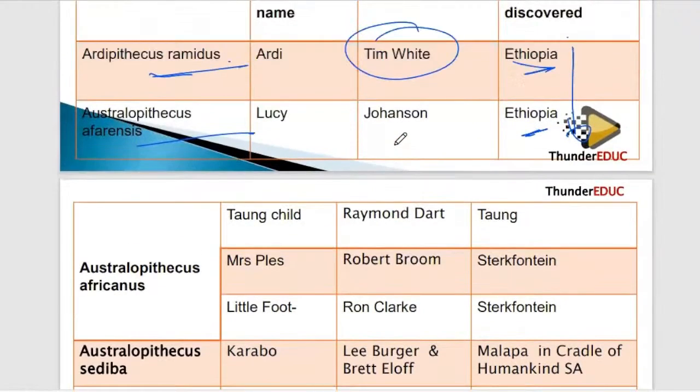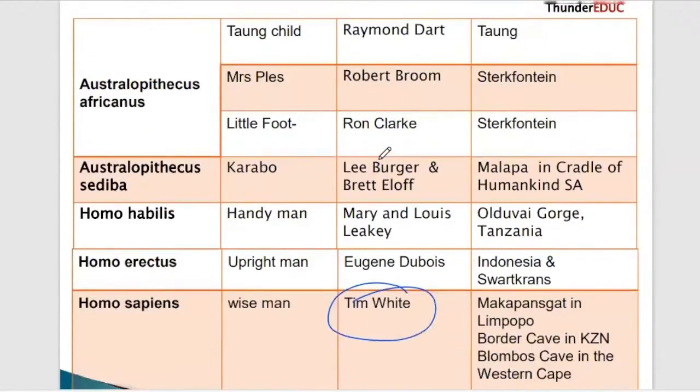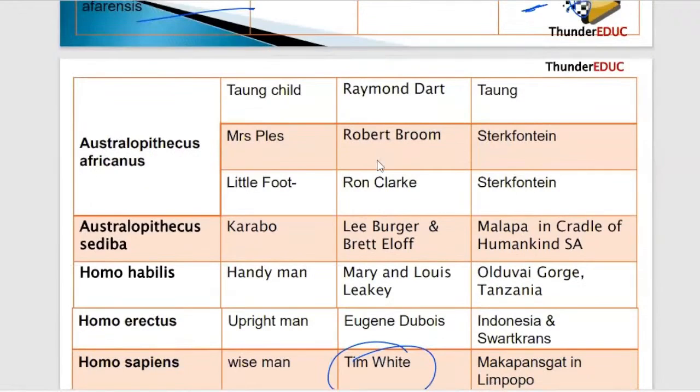Number 2. Now you have three Australopithecus africanus specimens. All of those who discovered them start with R: Raymond Dart, Robert Broom, and Ron Clark. All of them are starting with R. Is it clear?